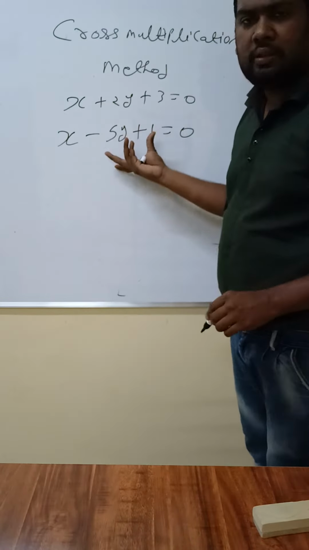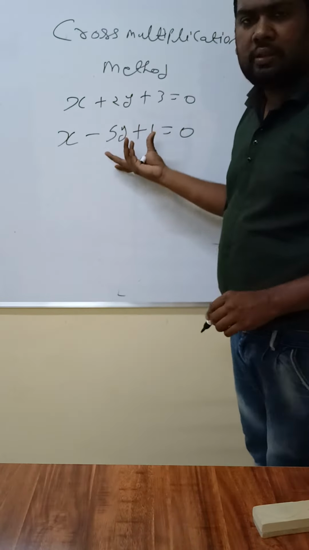So students, first we skip x, we multiply 1 into 2, we multiply minus 5 into 3, minus 15. Plus 15 students. Minus 5 into 3, minus 15.